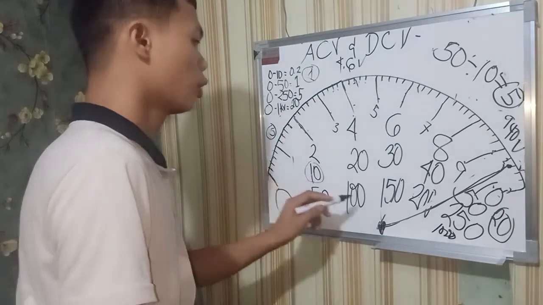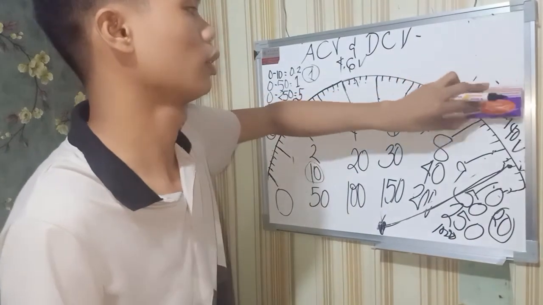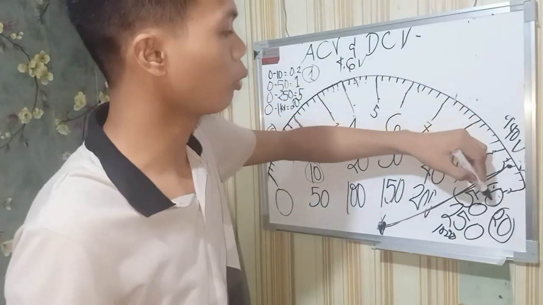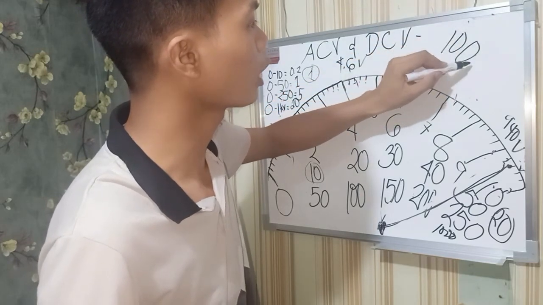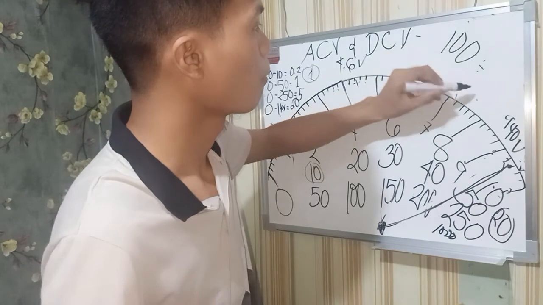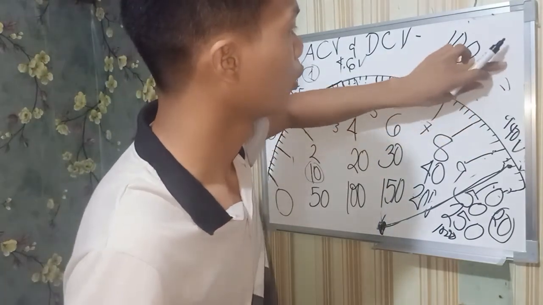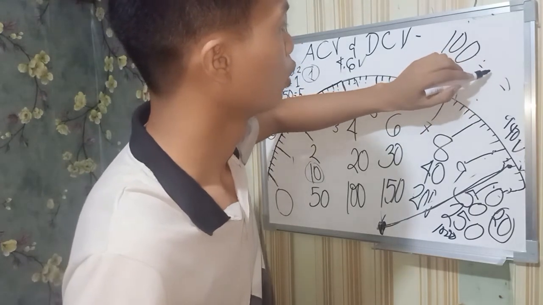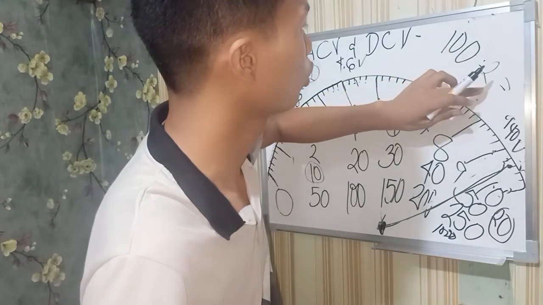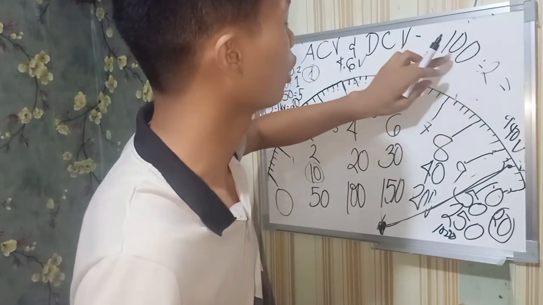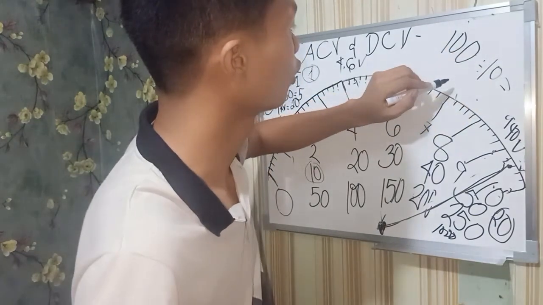Since 10 is 0.2, we add zeros to the 10 to get 1,000, and for 100 we divide by 10.